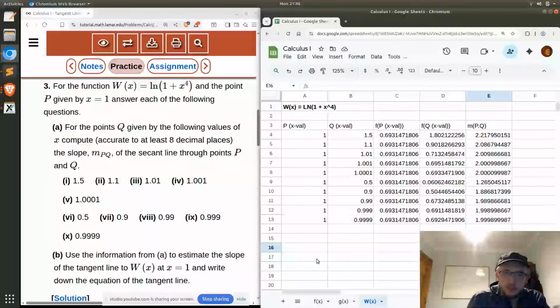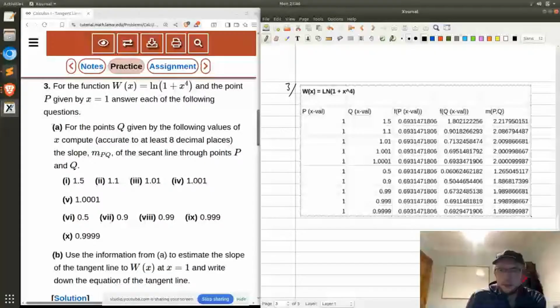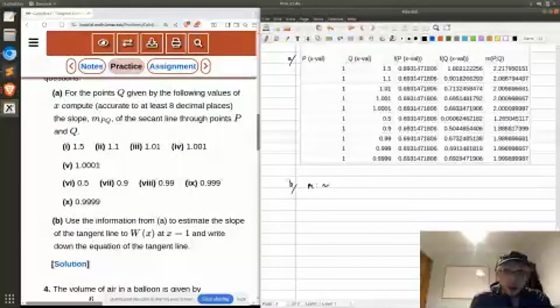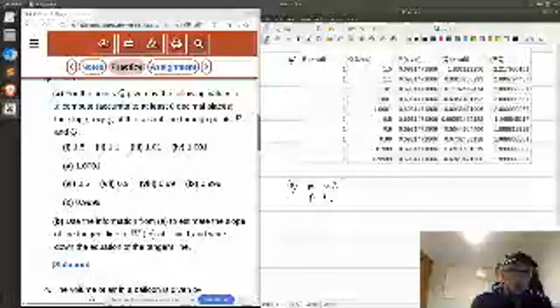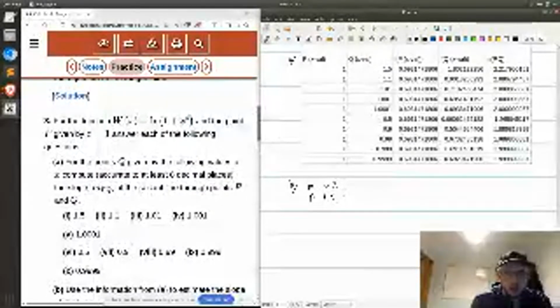Proof of work. M is estimated to be 2, and the p coordinates 1, comma, ln 2.